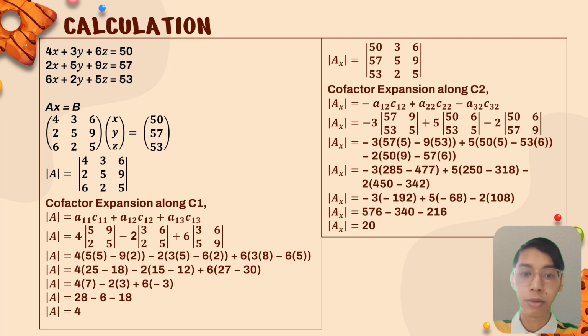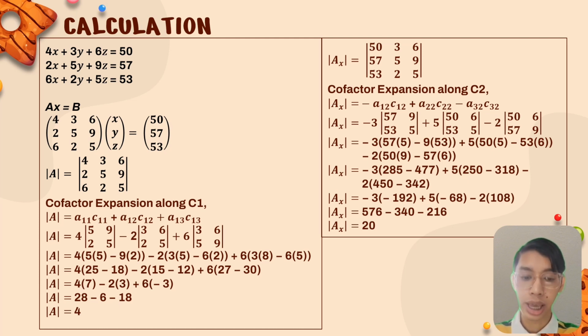Then we need to use determinant AX for x. We replace the first column with the answers 15, 57 and 53, and column 2 is 3 5 2 and column 3 is 6 9 5. And we use cofactor expansion along column 2. For column 2 it is negative A12 multiplied by C12 plus A22 multiplied by C22 minus A32 multiplied by C32.